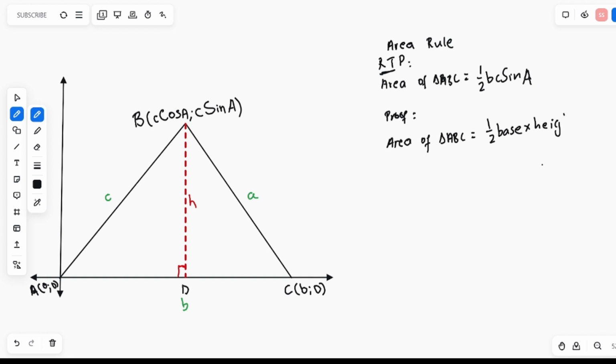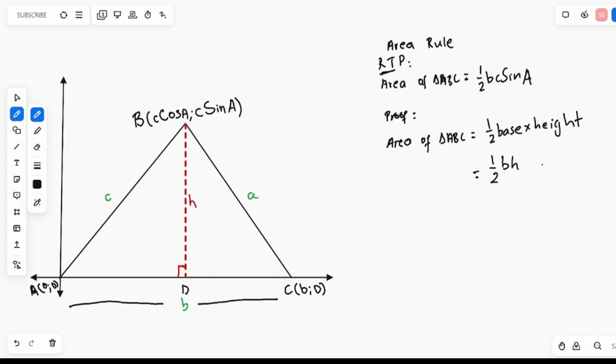In this case, we can clearly see that our base is going to be B, because this is our base and this is going to be our height. So 1 over 2, our base is B and our height is H.